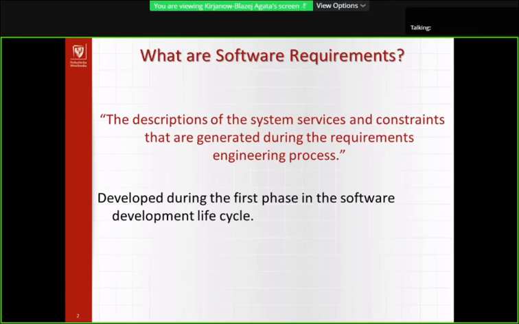Requirements are the most misunderstood part of system development, and yet the most crucial. Requirements set out what the system should do and define constraints on its operation and implementation.